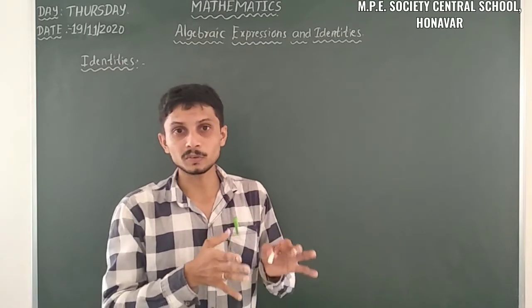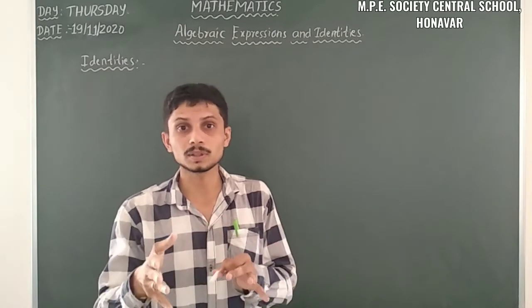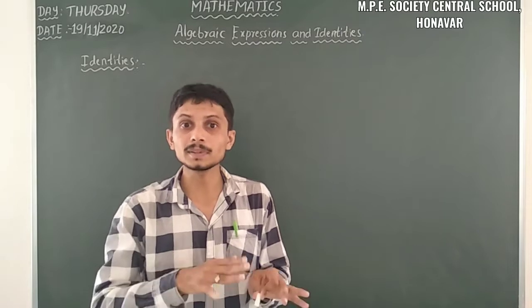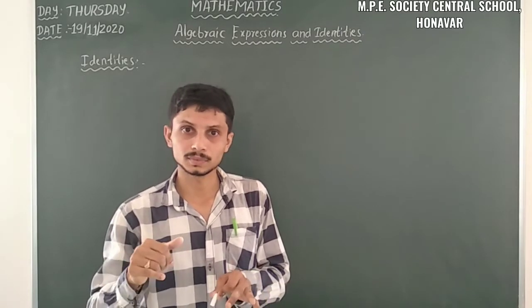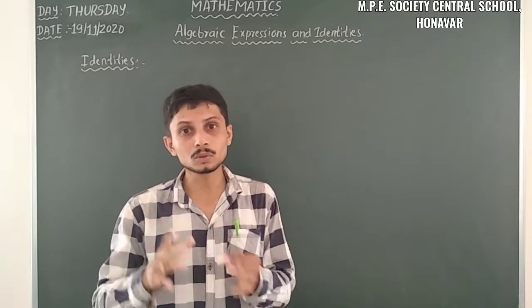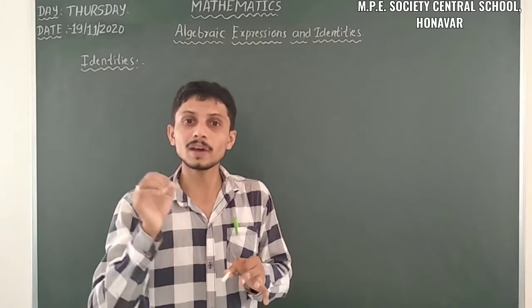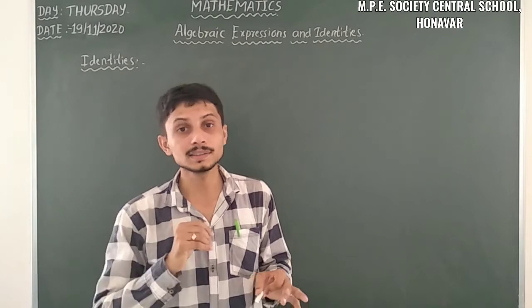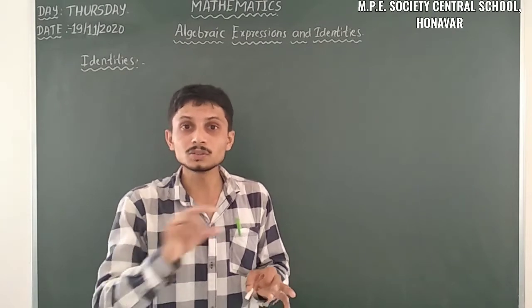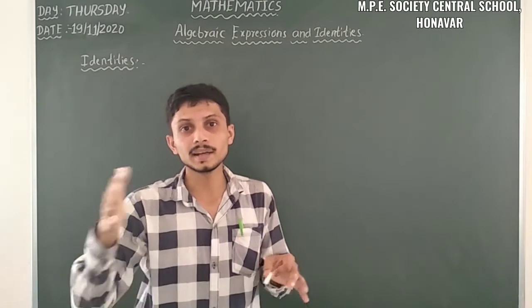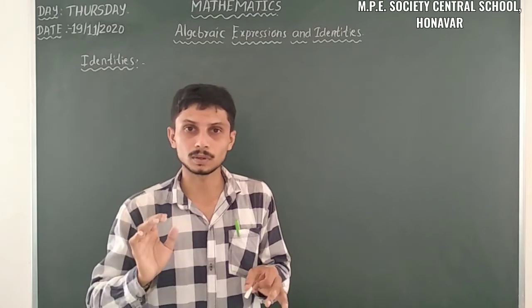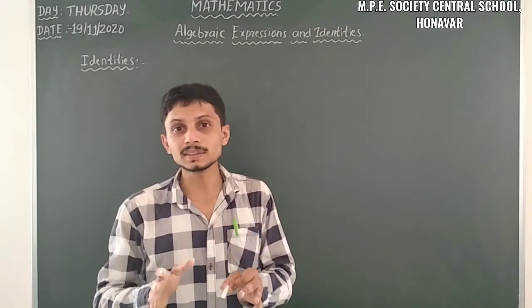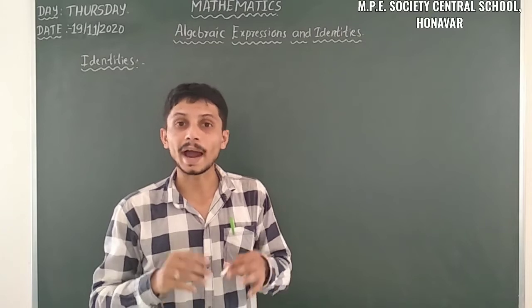In the first video, we discussed the addition of like terms, after which we get a result. When we equate those two sides and insert any value of x or y, the LHS and the RHS are equal. There is no change at all. These are called an identity.